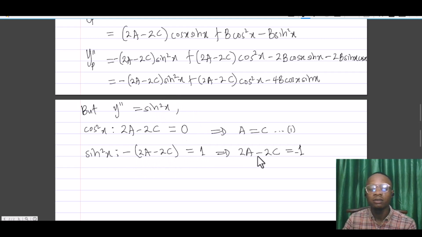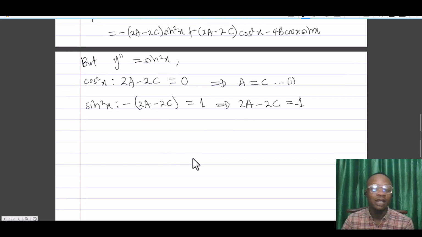So this is going to give us 2a minus 2c equals minus 1. We substitute a to be equal to c. This is 2c minus 2c equals minus 1. That's 0 equals minus 1. So that cannot work. Obviously, that cannot work.